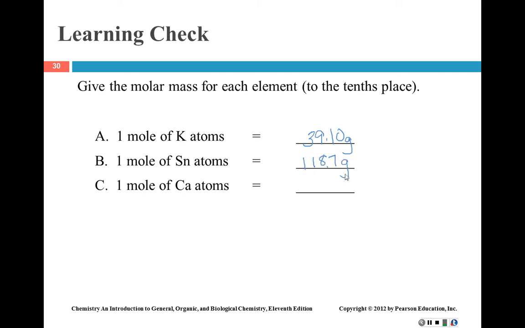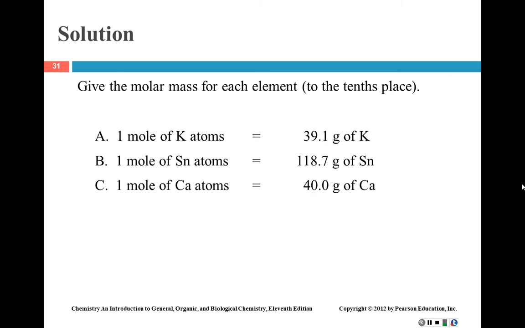All I'm doing is looking on the periodic table, finding these elements and then looking at their mass. And 1 mole of calcium atoms, calcium is number 20, is 40.1 grams. No calculations, all I've done is look those up on the periodic table. Depending on how you round.